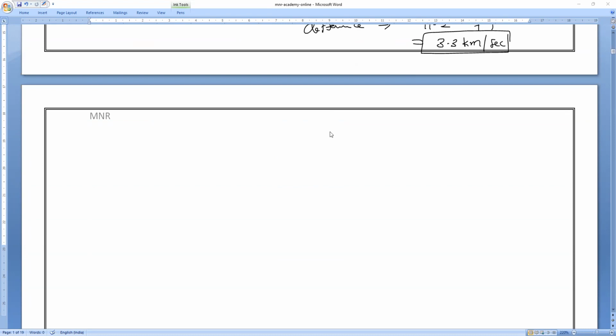Now, based on this, in JEE Advanced 2011 they asked a question based on a similar principle. Let us see it, everybody, write the question.